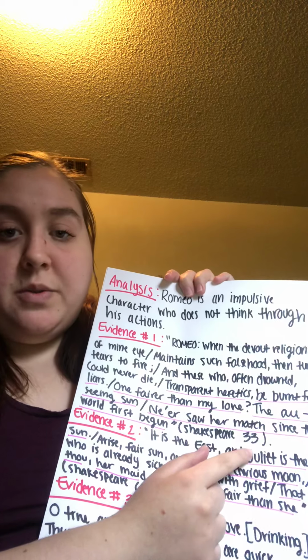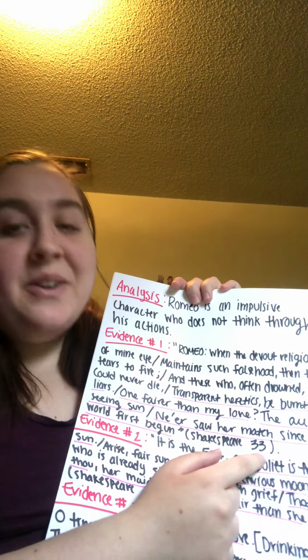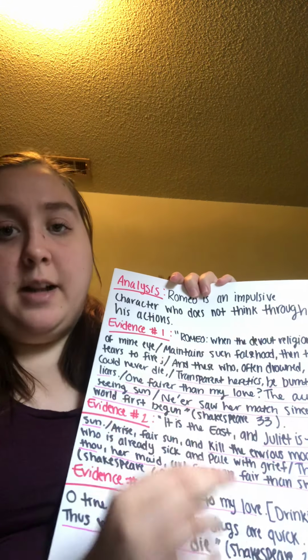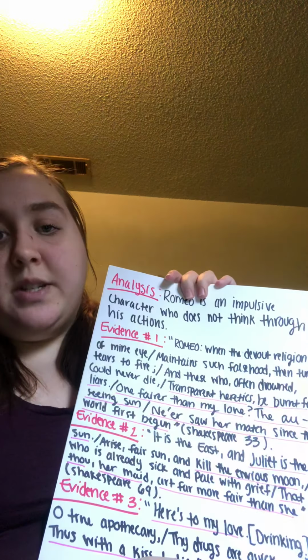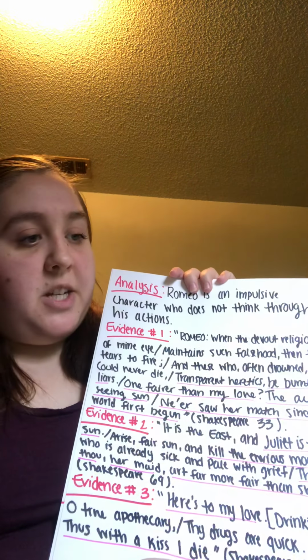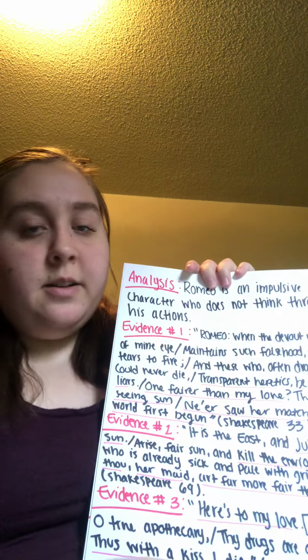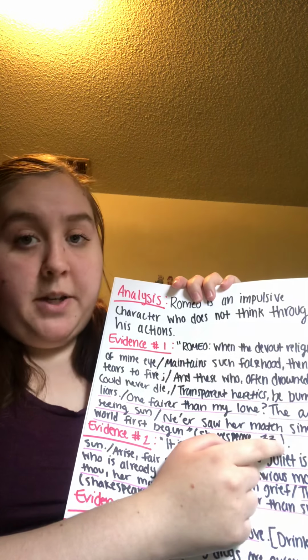What you can also do is after the page number, you can put the line numbers, because this is poetry, it has lines, but for this activity that's not really necessary. We'll go into more detail about that later when I'm teaching you guys a more thorough works cited. And then after that you have your end parenthesis and then your period.